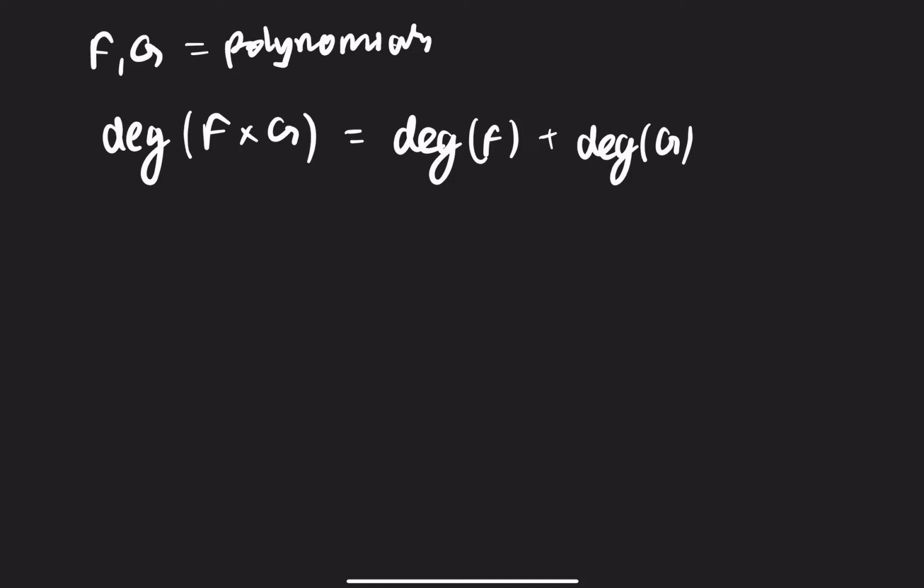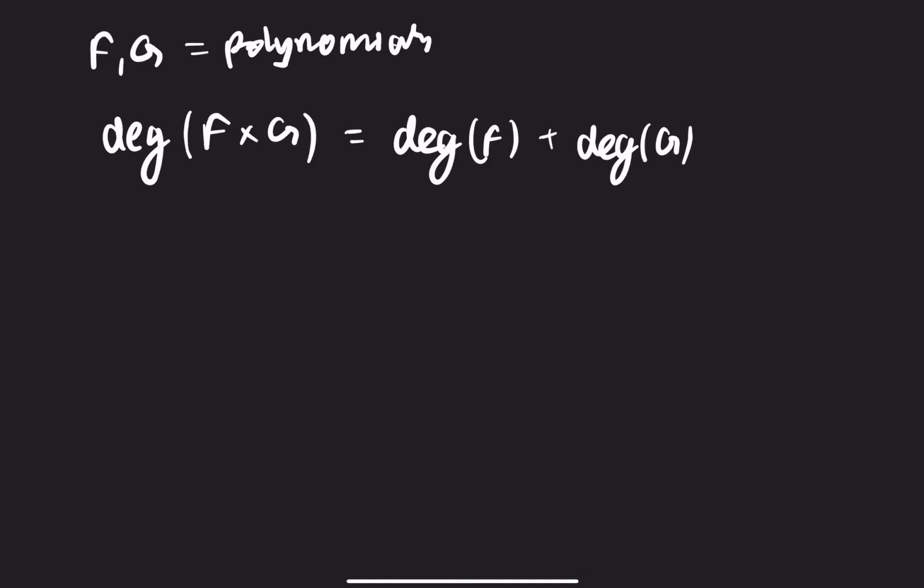Okay, so let's unpack this a bit. f and g are two polynomials, and what we're essentially saying is that when they're multiplied together, the degree of the product is equal to the sum of the degrees of both of the individual polynomials.